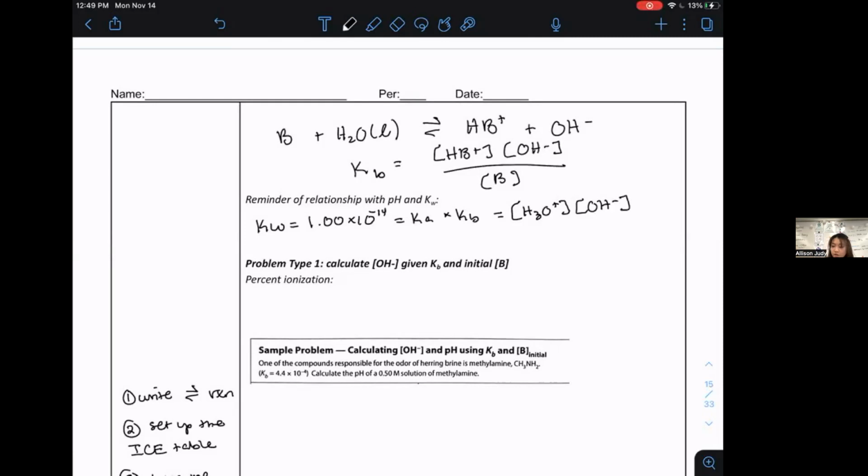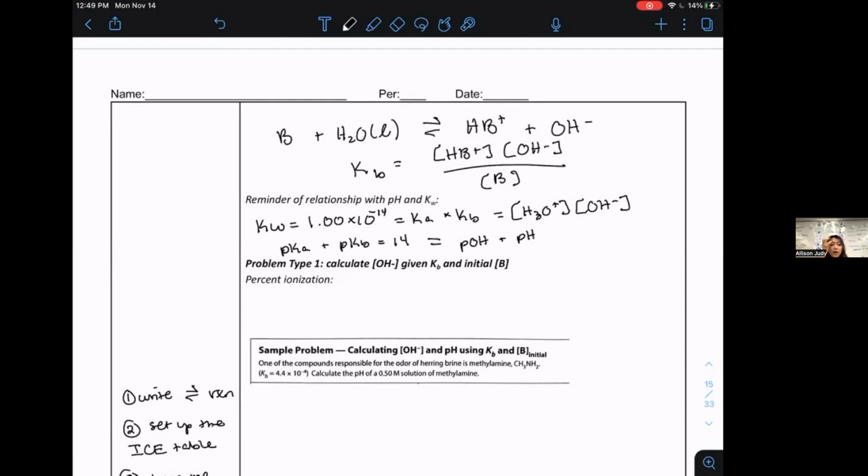You also want to know that pKa plus pKb is equal to 14, which by the way is also equal to pOH plus pH. Those are relationships you're going to have to consider when you're doing these problems.